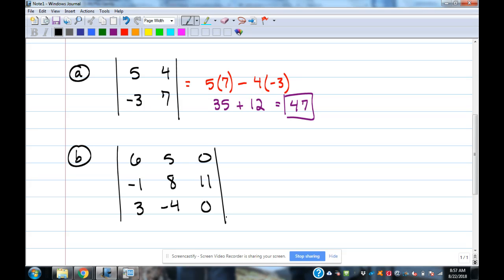I'm going to put that in the calculator and get it to crank out the determinant of that. I'm going to show you how to do it by hand too, since we got some folks that don't have a graphing calculator. If I'm going to do it by hand, this is one method for doing that.